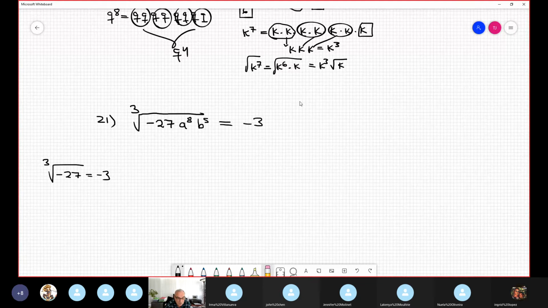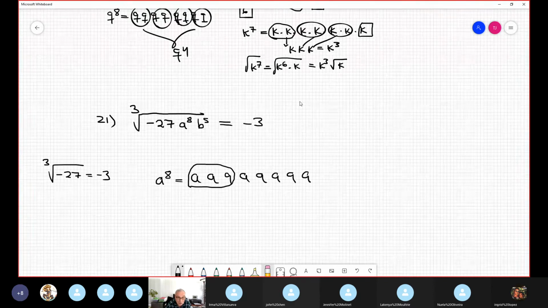Okay, a to the 8th power is 1, 2, 3, 4, 5, 6, 7, and 8. But you analyze 3 by 3 because it's a cubic root.